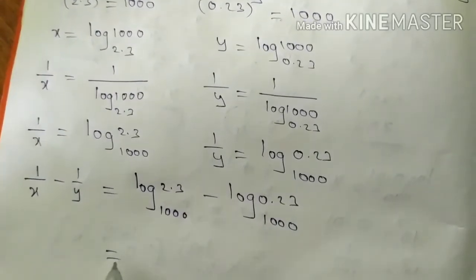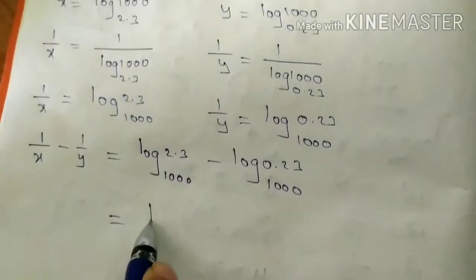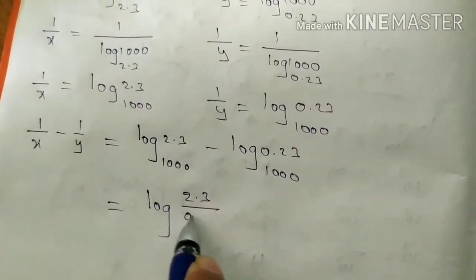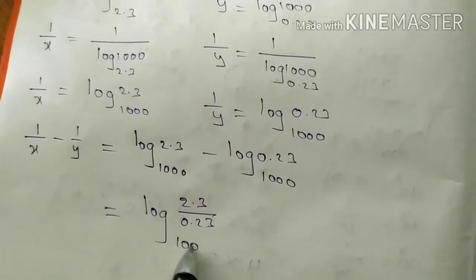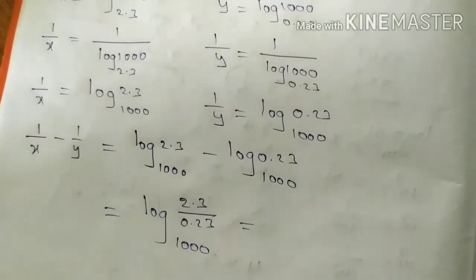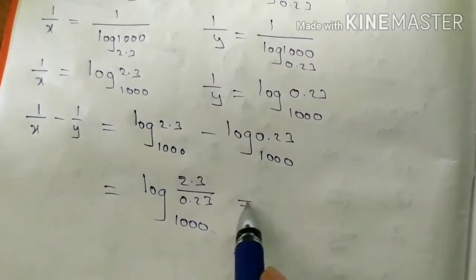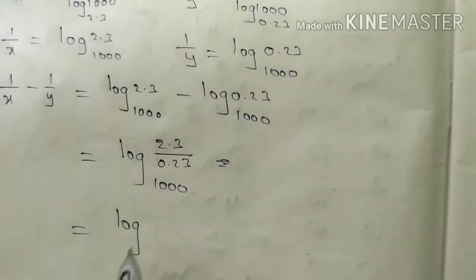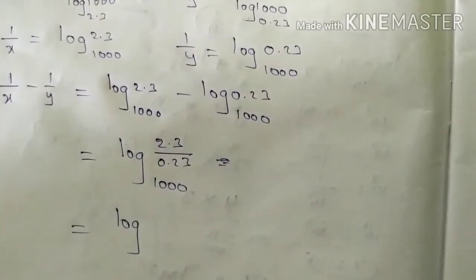Here the log x minus log y formula is log x by y. Okay, here if you want, then write the formula. After that, log 2.3 by 0.23.